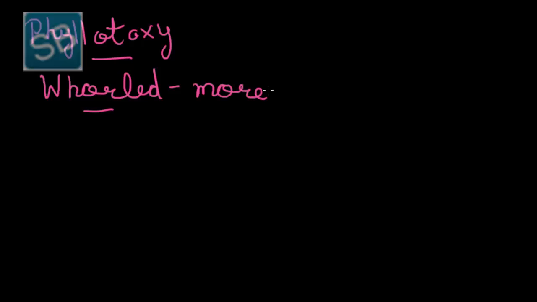And finally, third type of phyllotaxy is whorled. In such a phyllotaxy, more than two leaves are arranged at each node.